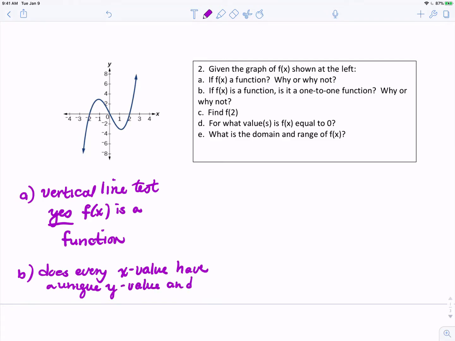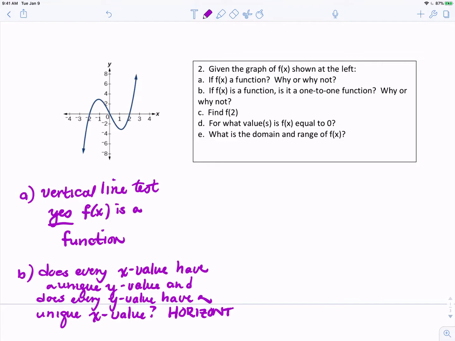And that first one makes it a function. And what makes it 1-to-1 is, does every y value have a unique x value? And one way to determine that very quickly is by using the horizontal line test.